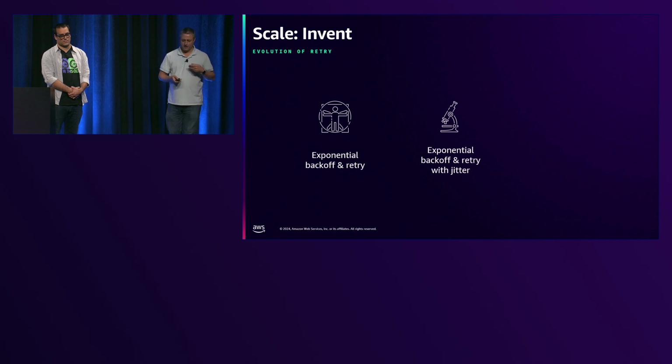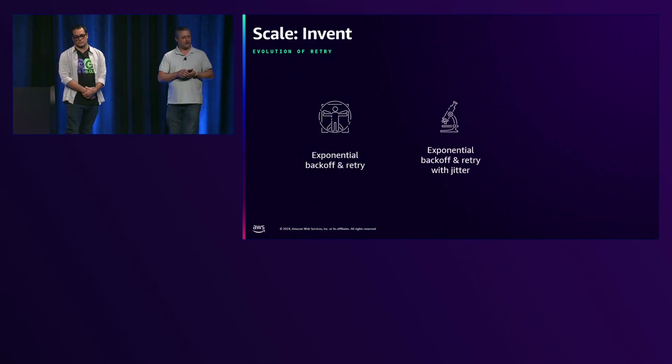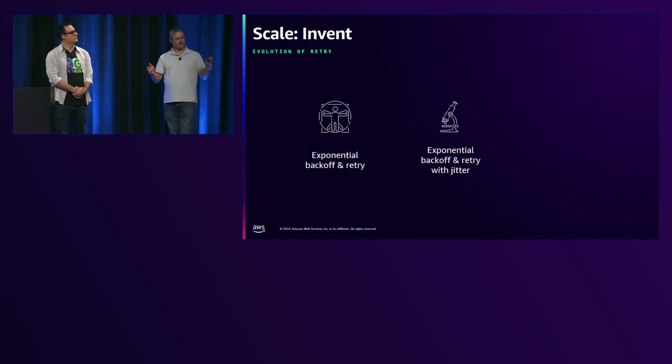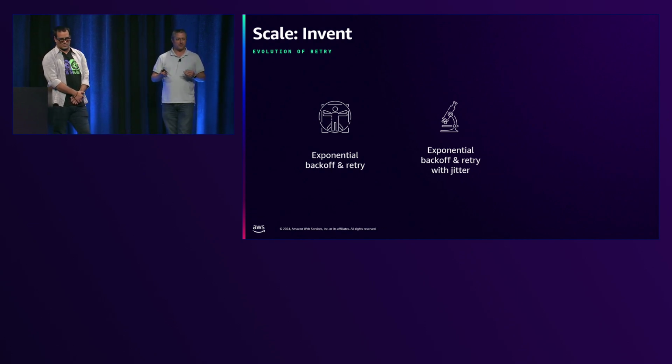However, as we watched more and more events, that wasn't even good enough. We were noticing weird things like the clients all sync up together. From the moment of the failure, 1 second later, everybody retries, 2 seconds later, everybody retries, 4 seconds later, everybody retries. And so we started adding jitter into that as well, just to smear things out and be as gentle as we could. And even that, yeah, okay, that's better, but it's not great.